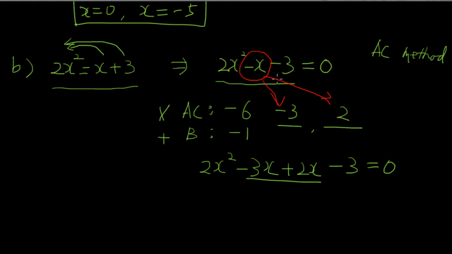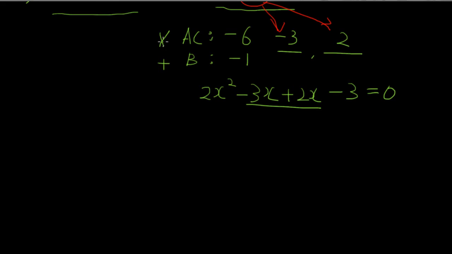So even though this looks a little bit different again, we are dealing with the same equation. Now we are going to group these two together and factor whatever we can. So from here, we can factor x out, then it's 2x minus 3.